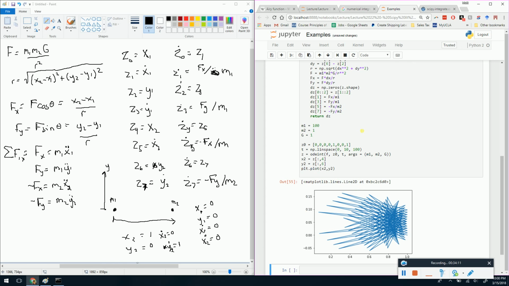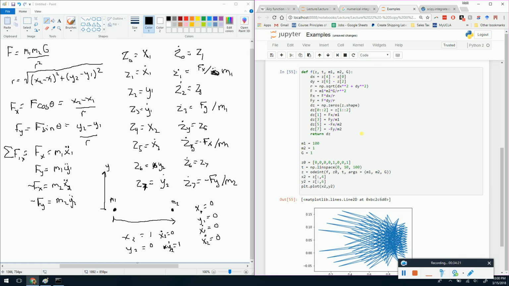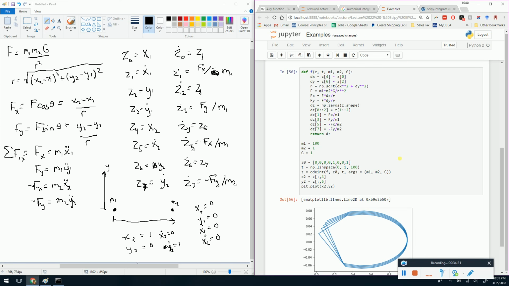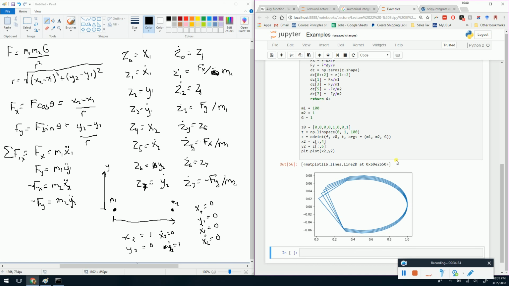Oh boy. So it looks like maybe it's going on for too long in time, given how fast this system seems to be moving. So let's see if we make this a lot finer. Ooh, somewhat circular.